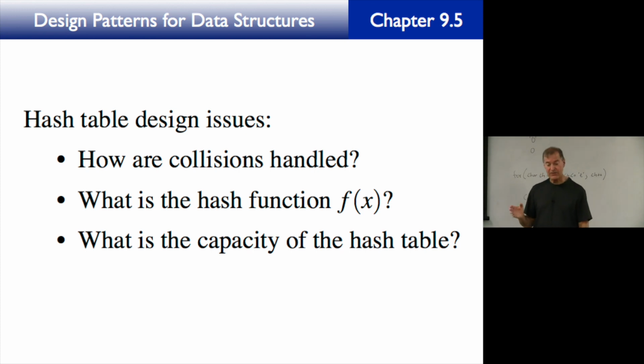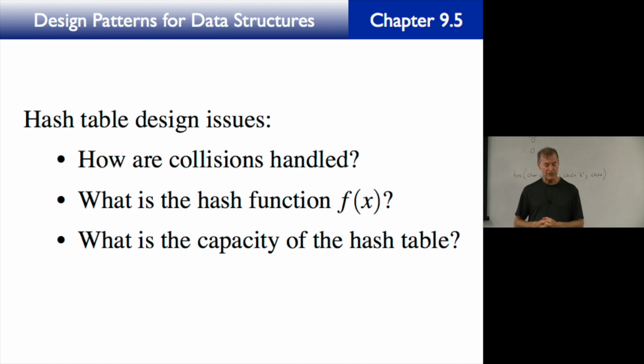So, in fact, these are the three primary considerations when you design, or when you use, a hash table that's provided by a library. The first question is the one we just encountered: how are collisions handled? The second question is, what is the hash function, f of x?